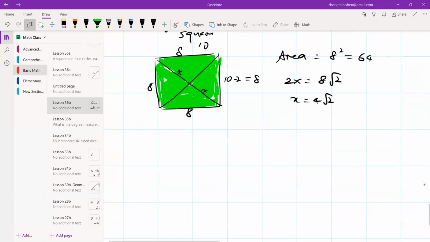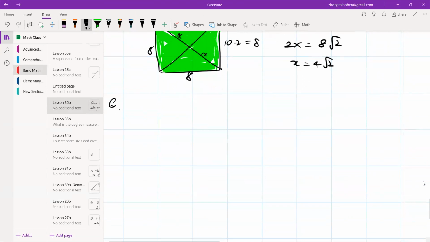Okay, so here's the next question. All right, so the next question is, this is a square, right? It's going to be 1, 1, 1.